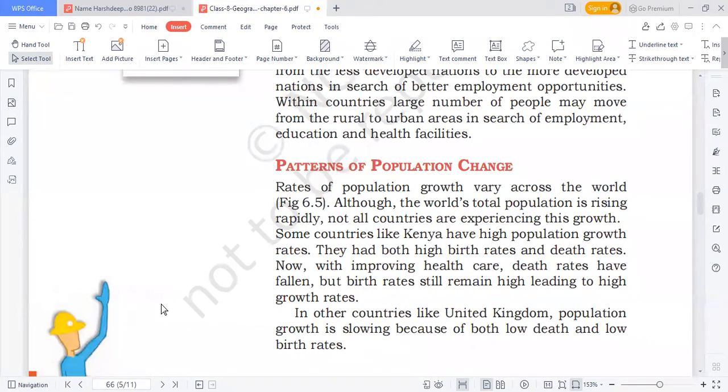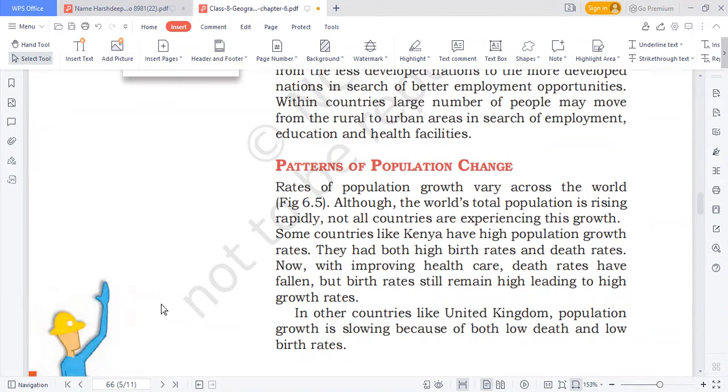The absolute number indicates the total increase in the given population, the absolute number added each year or decade.